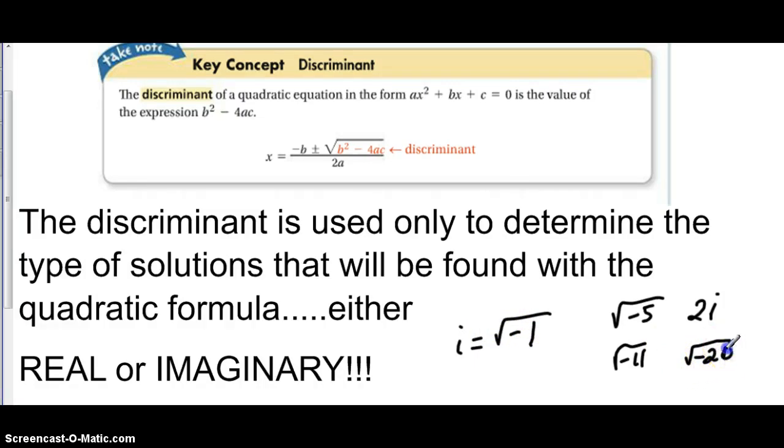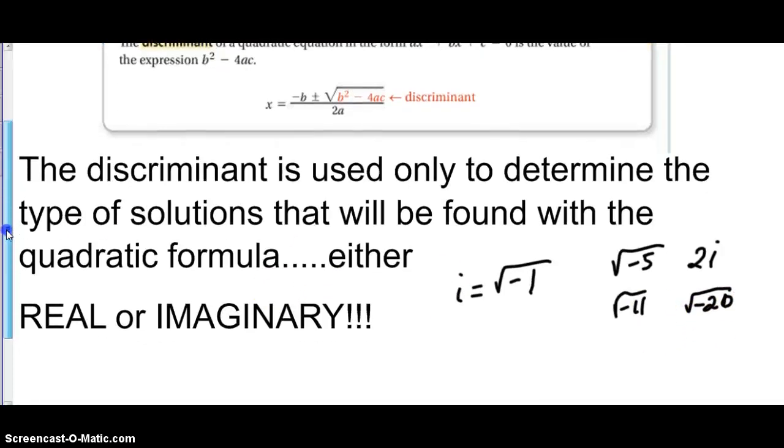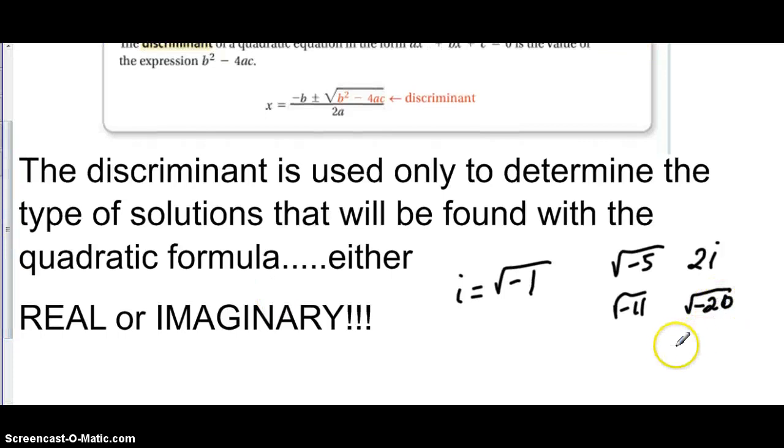We know that 20 has factors of 4 and 5, so we could simplify that imaginary number, kicking the 4 out as a 2, and still having the -5 underneath. But this is not simplified all the way, because we can now kick that negative out as an i. Same thing here. This is i radical 5. Same thing here. This is i radical 11.